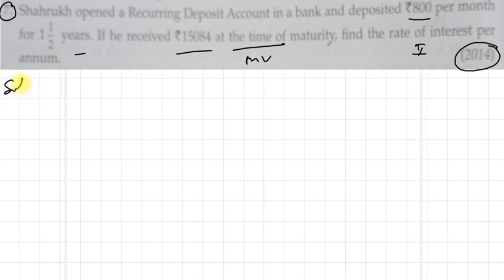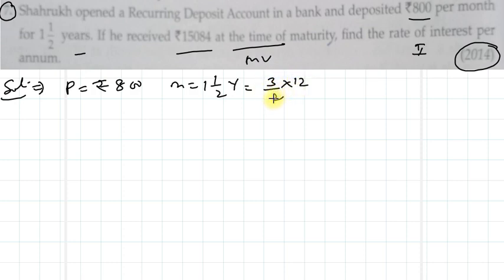2014. So let us, so principal is rupees 800, N is equal to 1.5 year equal to 3 upon 2 into 12 to 6 equal to 18 months.